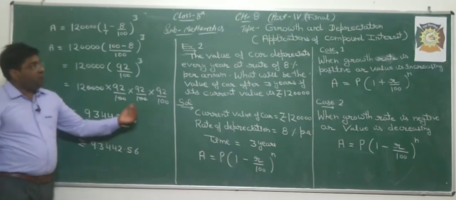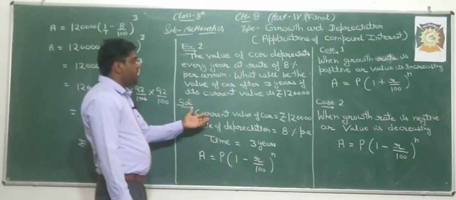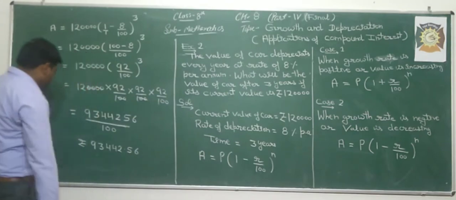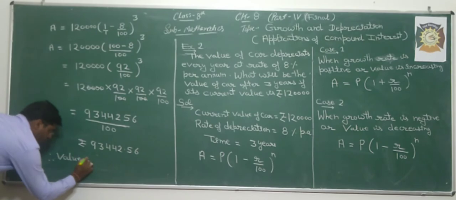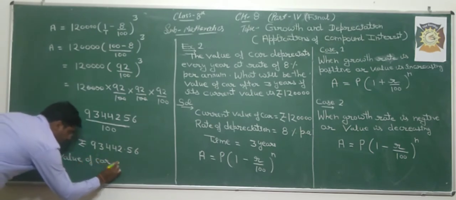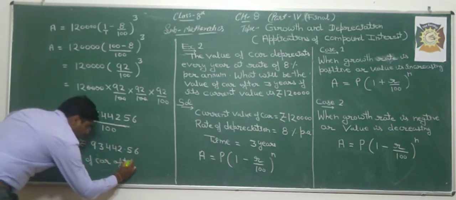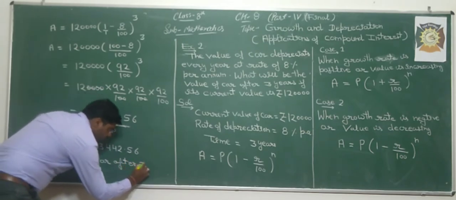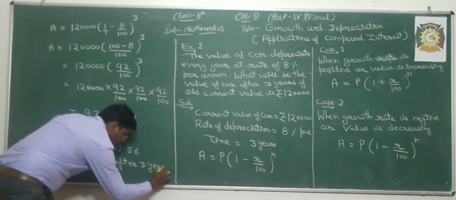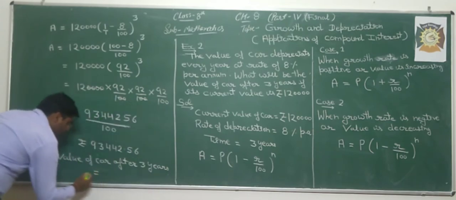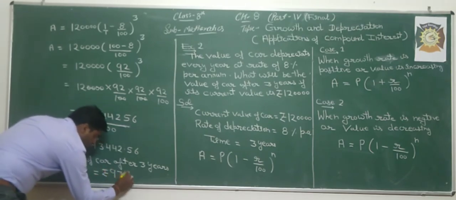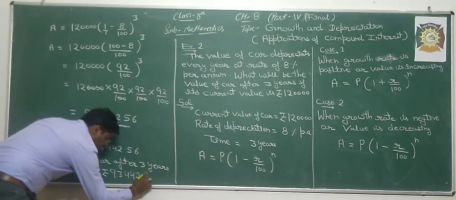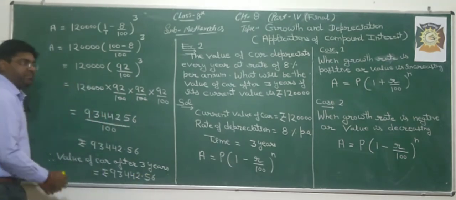This is the value or price of the car after 3 years. So therefore the value of the car after 3 years is 93,442 rupees and 56 paise.